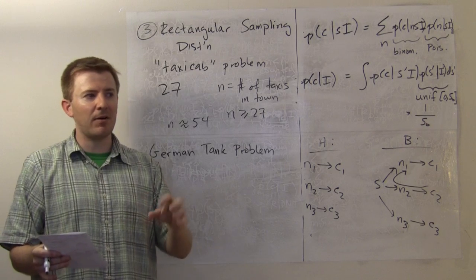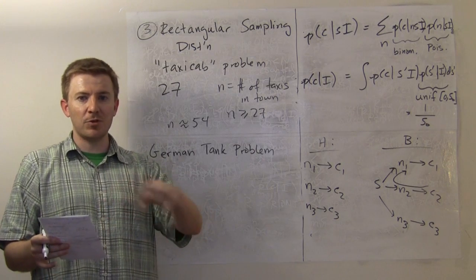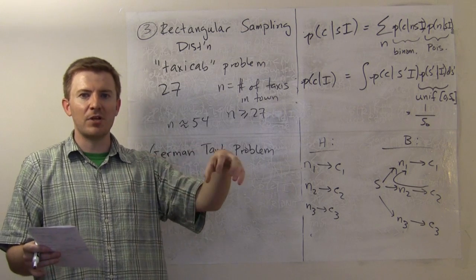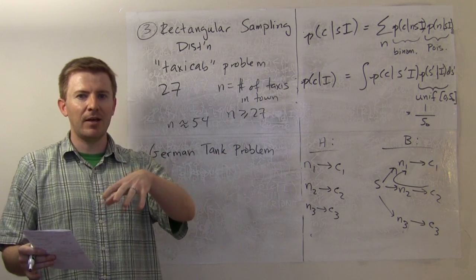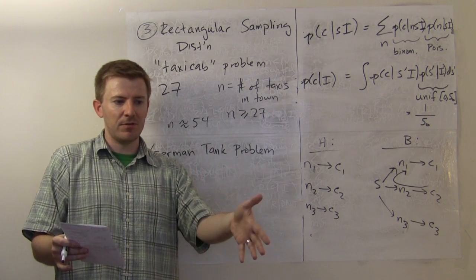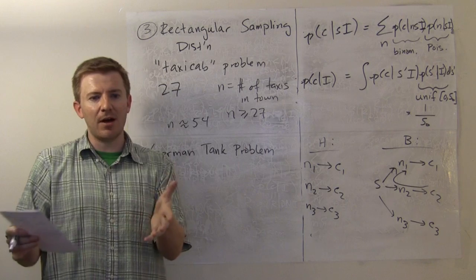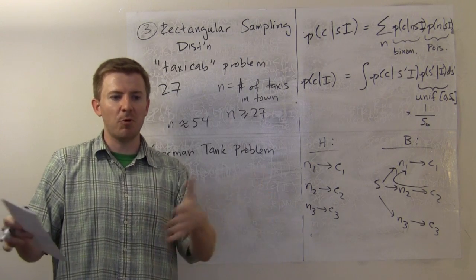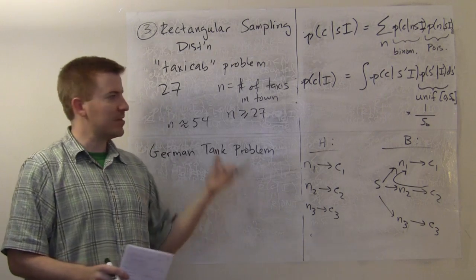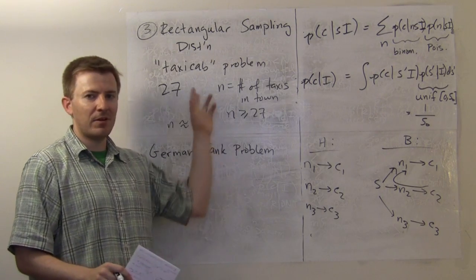And they knew some things about how the German factories were producing these serial numbers, so they could make assumptions about them being sequentially ordered from some starting point. And they wanted to work backwards from the numbers that they did observe to some estimate of the total number that actually were produced in that month or in that period of time. Okay, so this is a real problem, very similar to this.